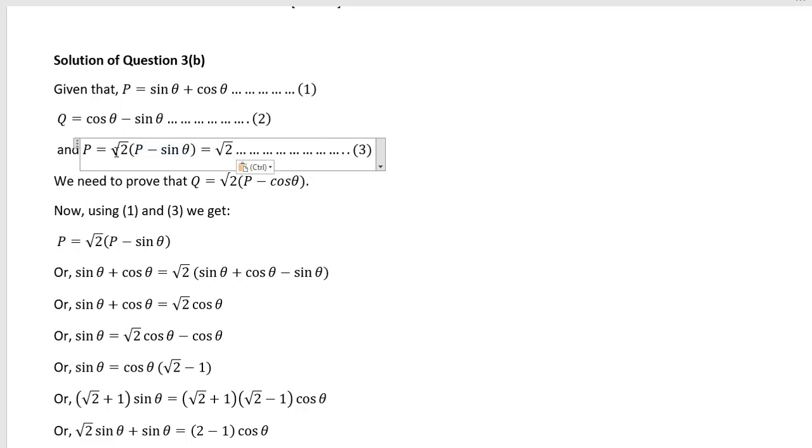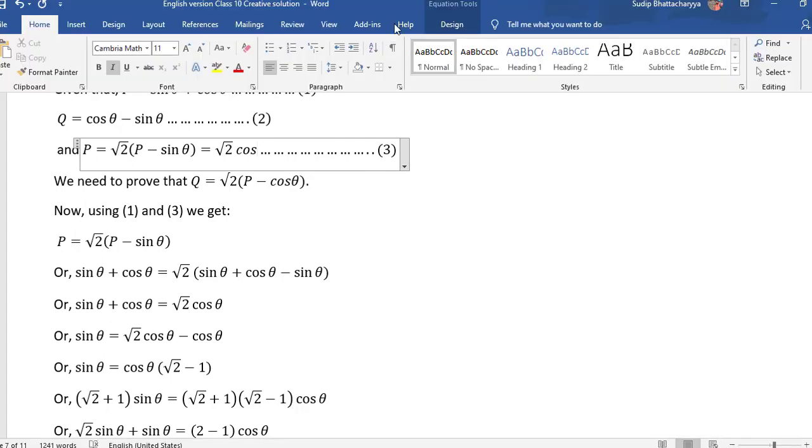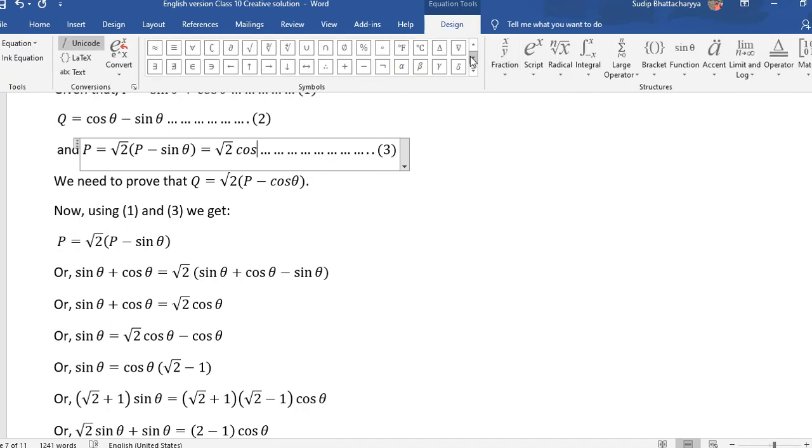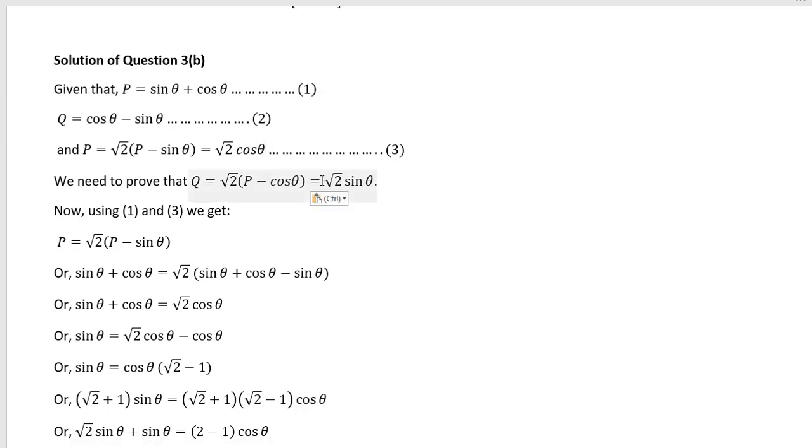Given this, Q is equal to root 2 into P minus cos theta, that is root 2 into sin theta. We have to prove this.